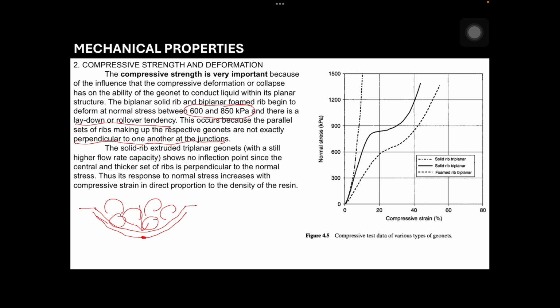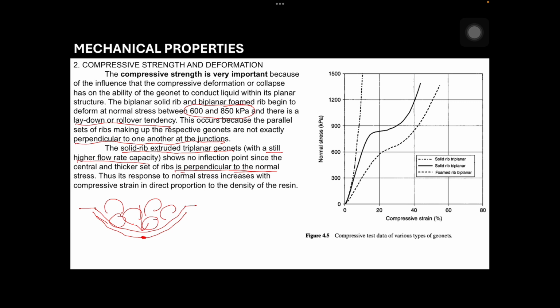So, it says the triplanar solid rib is stronger and still has the higher flow rate and capacity. It also shows no inflection point since the central and thicker set of ribs is perpendicular to the normal stress.